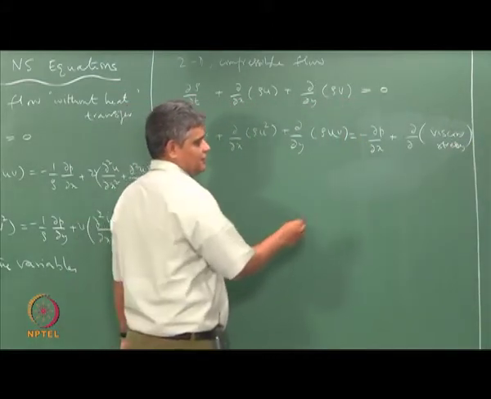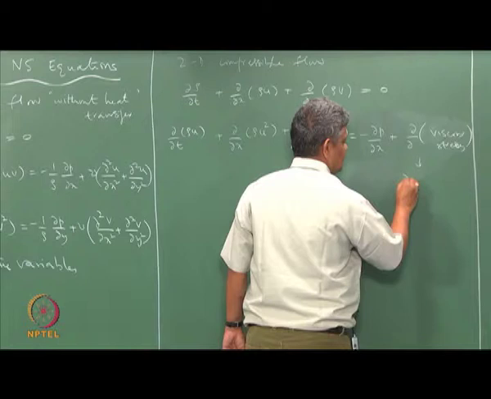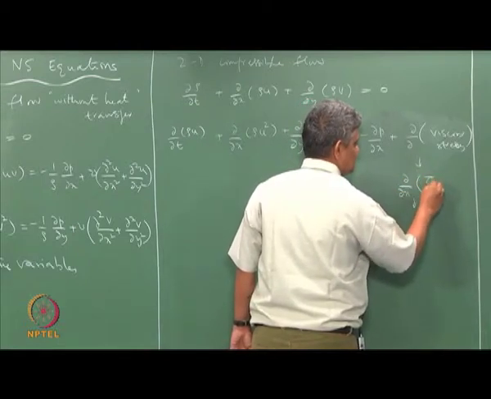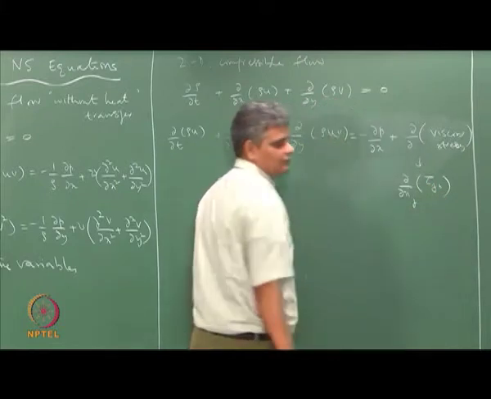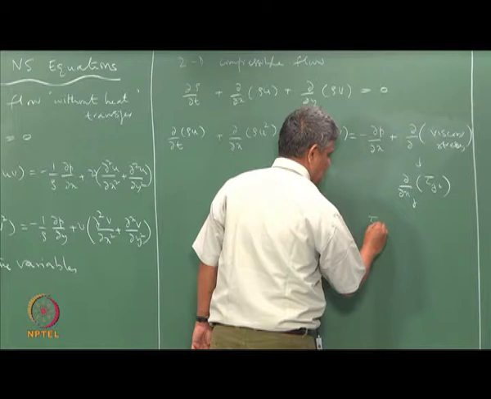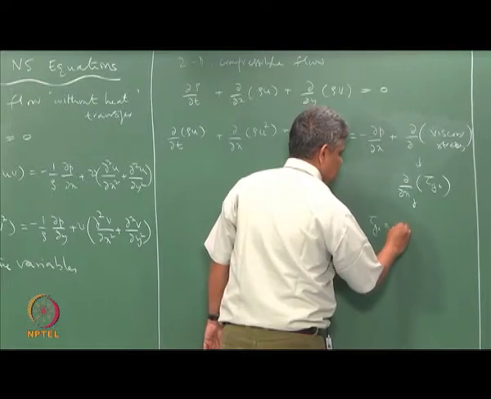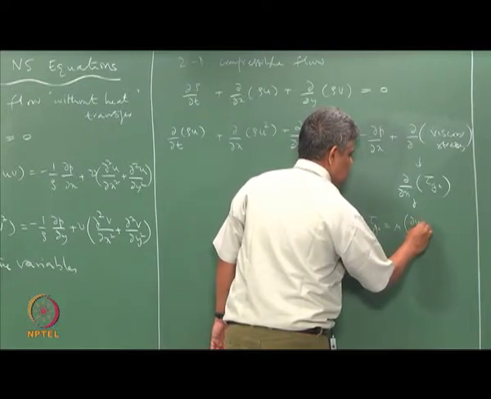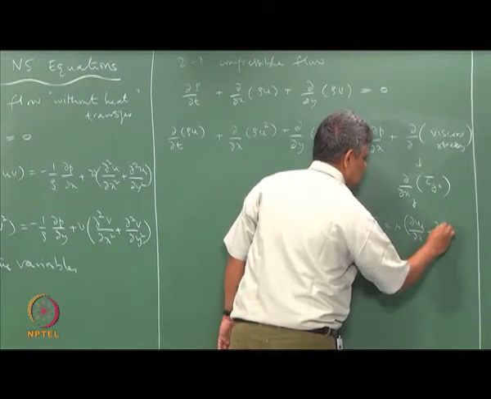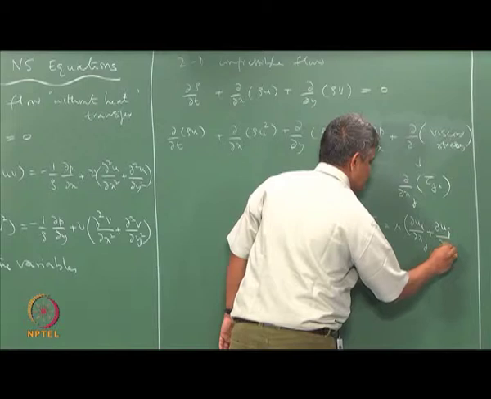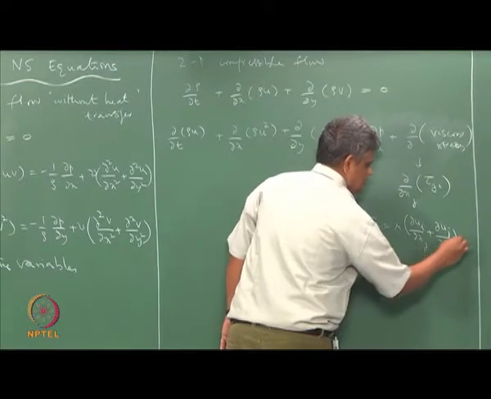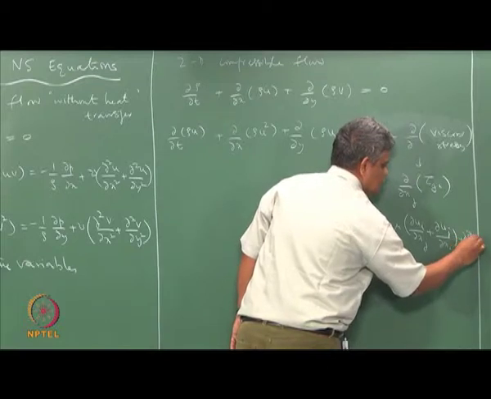here the term is actually dou by dou x j of tau j i, where tau j i is mu times dou u i by dou x j plus dou u j by dou x i, plus lambda times dou u k by dou x k.